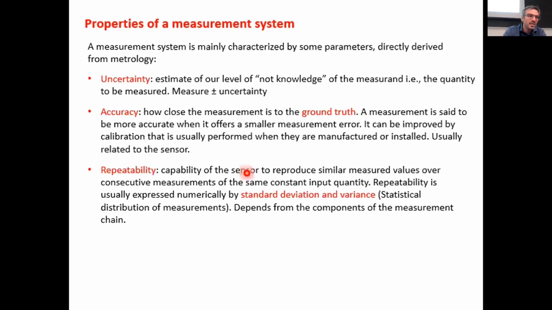The repeatability instead is related to the measurement chain and depends on its components, and represents the capability of the sensor or system to reproduce the same value over consecutive measurements. If you repeat the same measure in the same condition and the sensor has low repeatability, it means that it always provides different values.